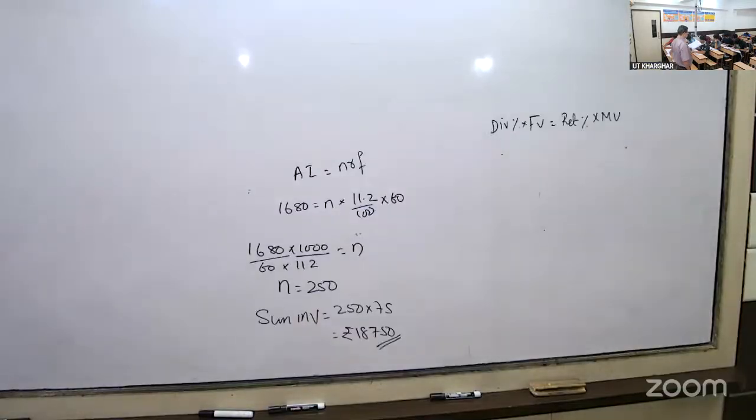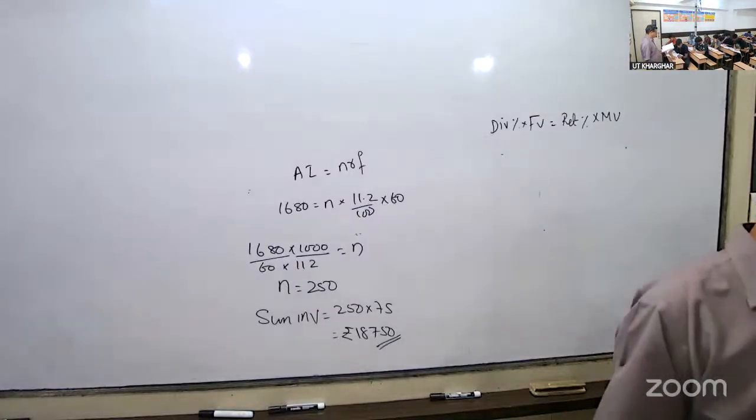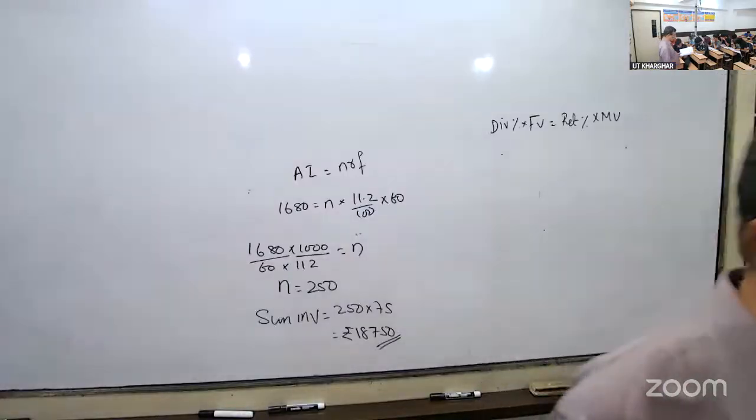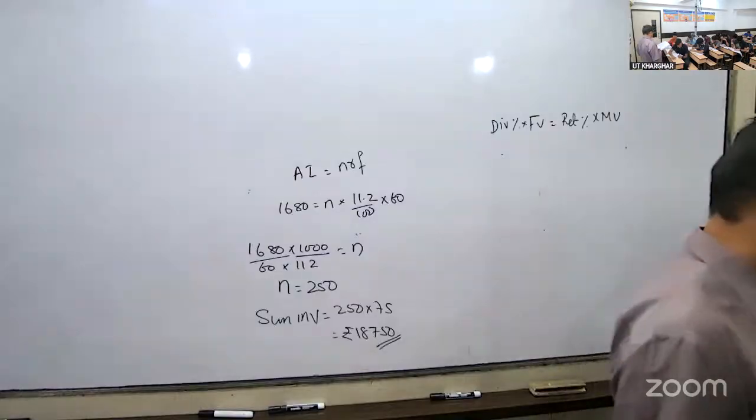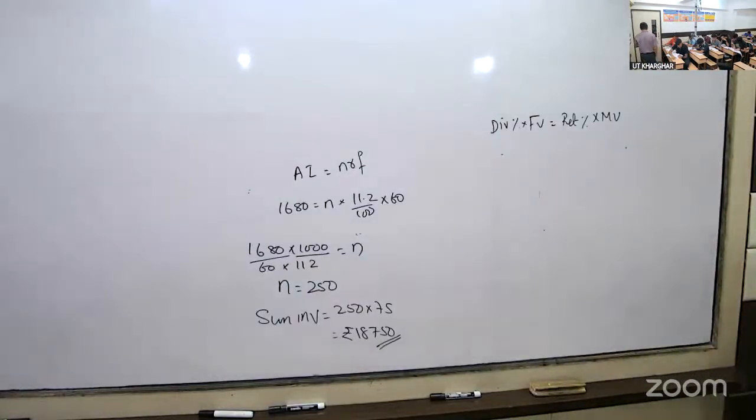Return percent is equal to 12%. Next, amount invested is equal to 400 into 16, which is equal to 6,400.